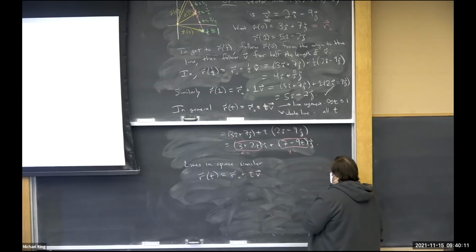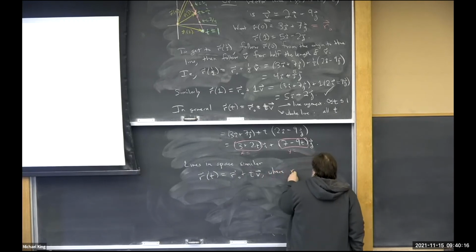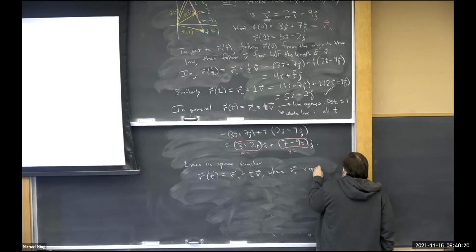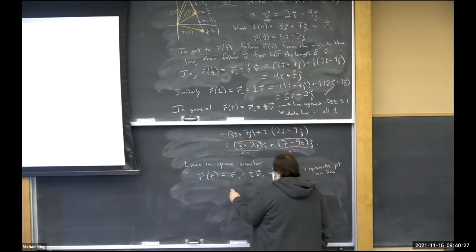So r naught plus tv, where r naught represents a point on the line, right? It's a vector, but it's from the origin to a point on the line. And v is the direction of the line.